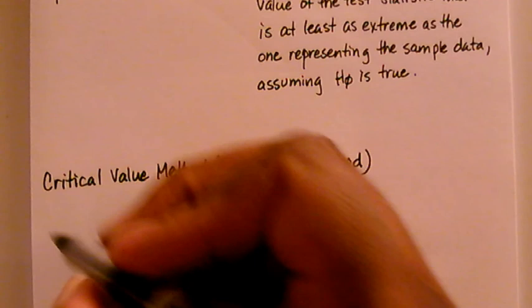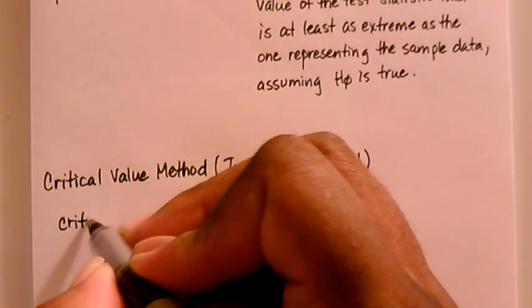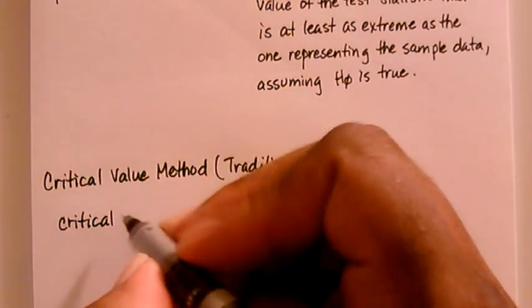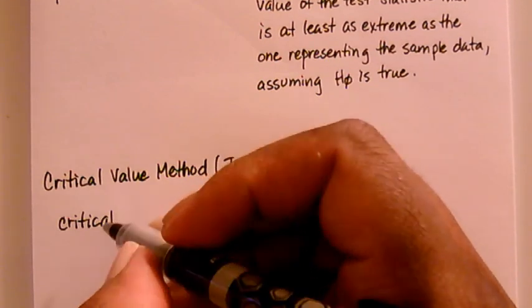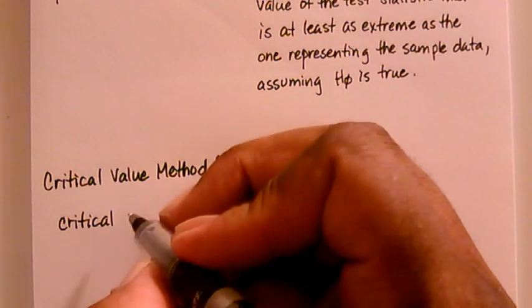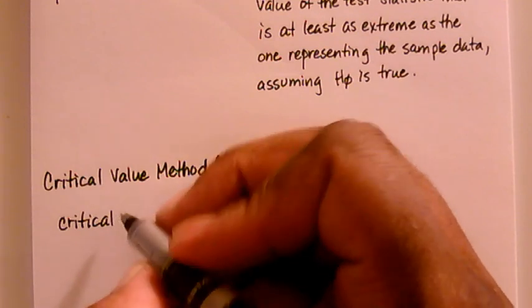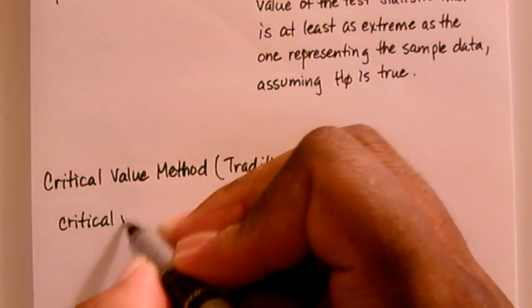And of course, we need to define critical value. Now, we did talk about critical values when we were testing a claim, estimating a population proportion, estimating a population mean, and a population variance or standard deviation.